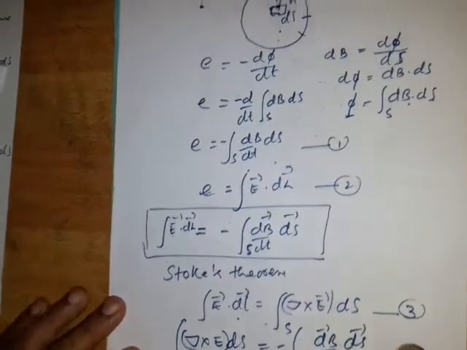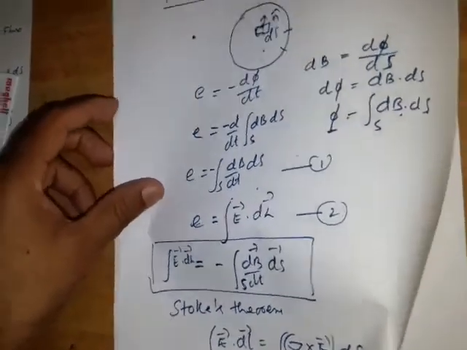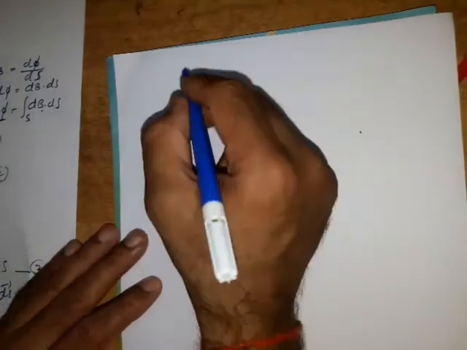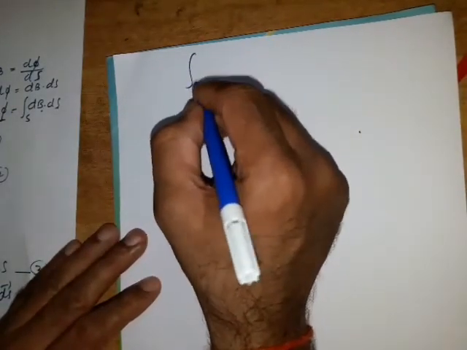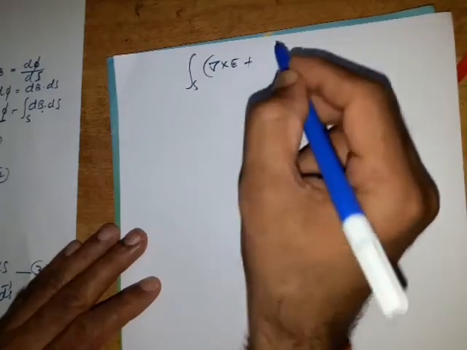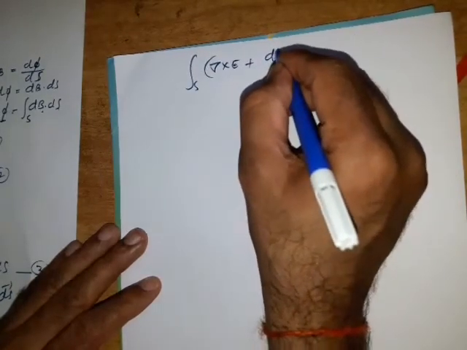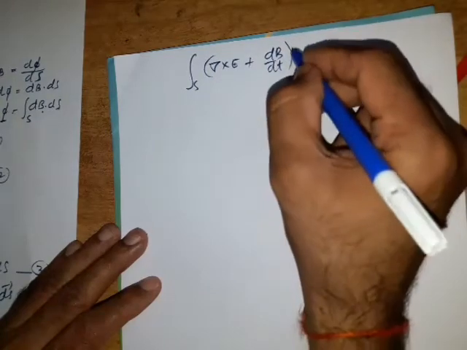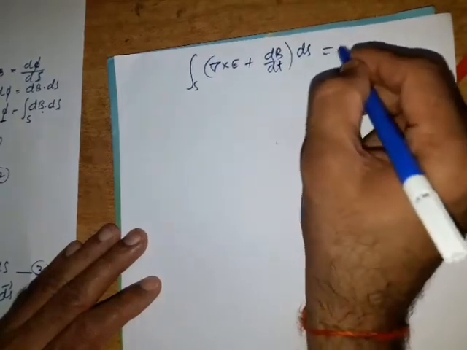Since both are surface integrals, I can write the surface integral of curl of E plus dB by dt dot ds is equal to 0.